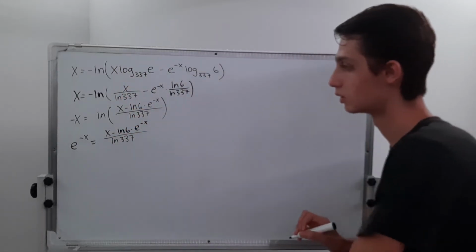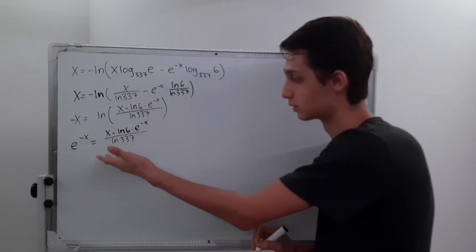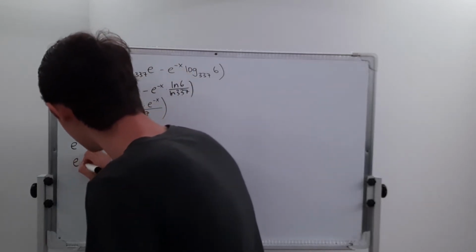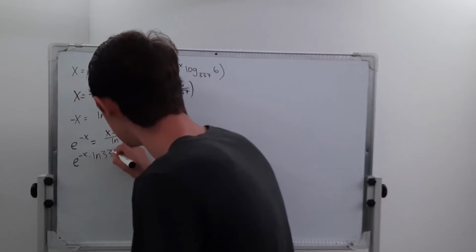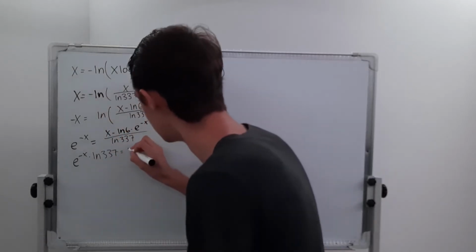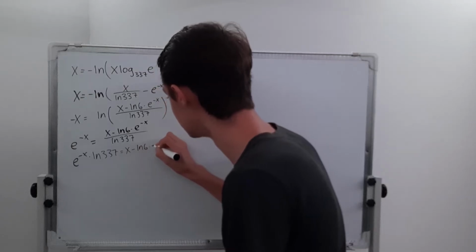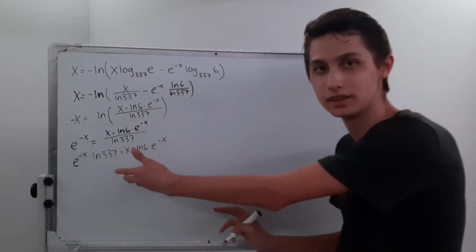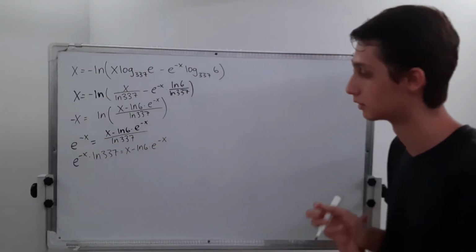Okay, so what I can really do right now is just multiply both sides by ln of 337. So we get that this is e to the negative x times ln of 337 equals x minus ln of 6 times e to the negative x. Alright? So I hope you guys can see this step. I've really just multiplied both sides by ln of 337.